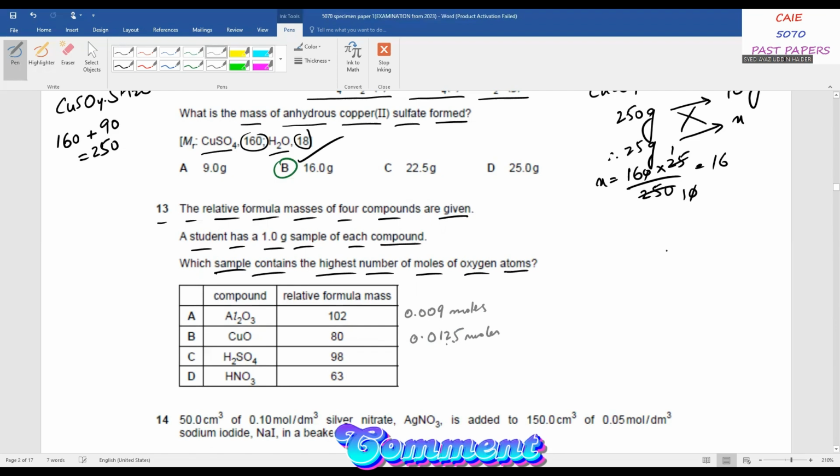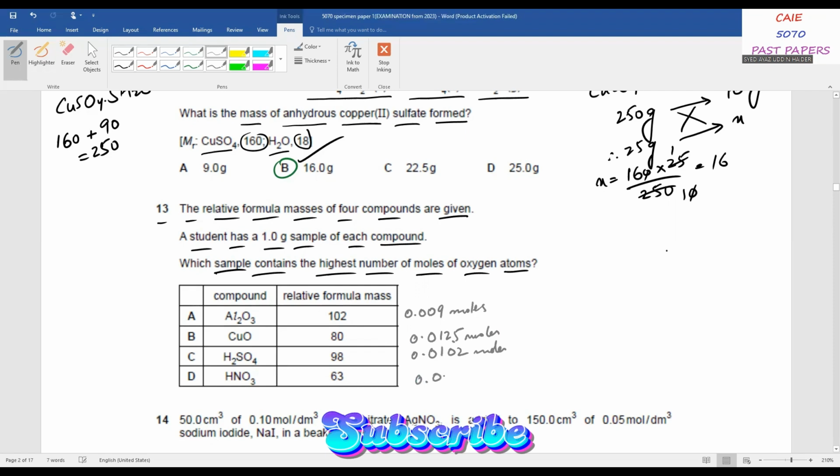For H2SO4, 1 divided by 98 gives 0.0102 moles. For the last one, 1 divided by 63, 0.0158 moles.